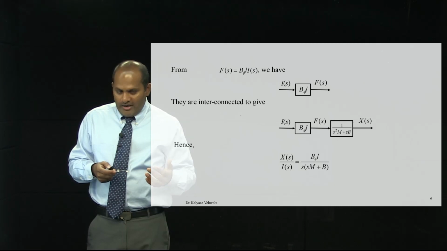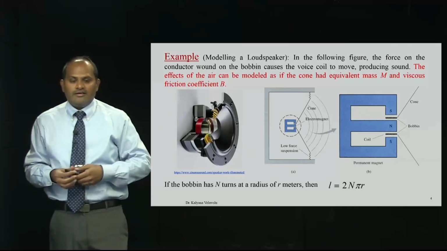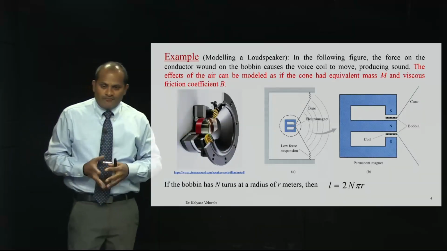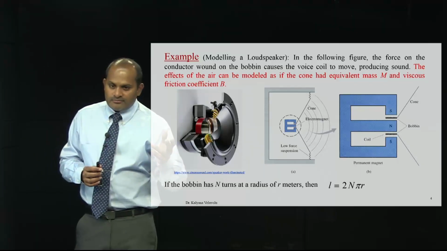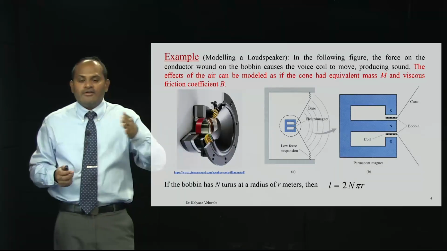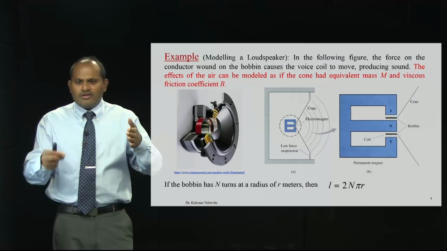Now, going back to the slide here, what is the input, what is the output? If you look at the speaker, the input is the electrical current and the output is the mechanical motion of the diaphragm. The diaphragm produces a displacement x depending on the input current.